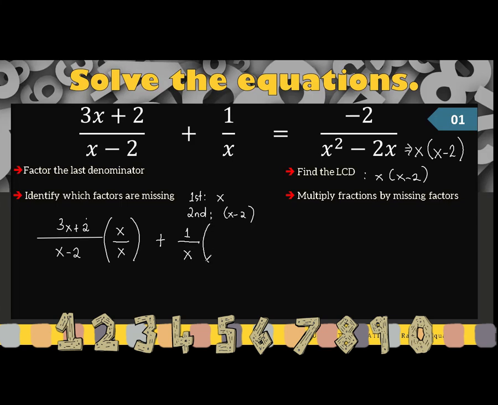Next, for the second rational expression, we need to multiply it by the missing factor, which is x minus 2. And on the right-hand side of our equation, copy the numerator and we write the denominator as x times x minus 2.